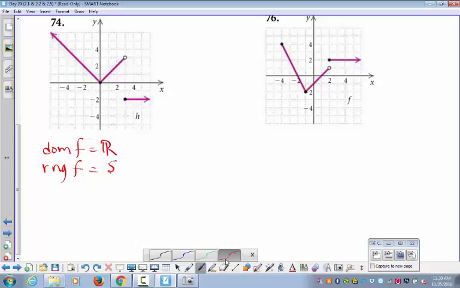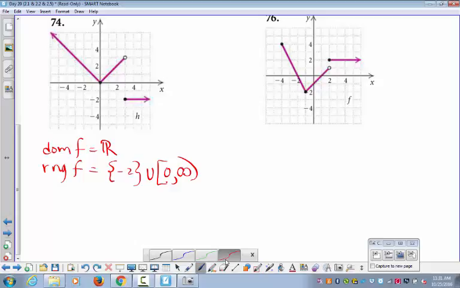So a singleton set, a set with just a single number, union... Yep, so we're coming up, and boom, we get one single point in the range, one y value that's used right there. And then we come up, there's that gap, and then we start at 0, and then that goes up to infinity. Okay, so union bracket 0 plus infinity, parenthesis, because we never put a bracket on infinity.